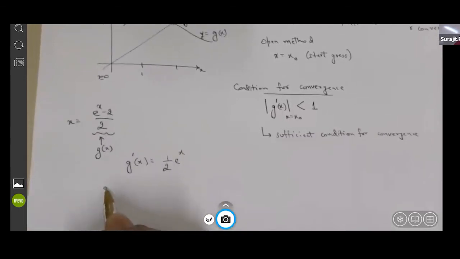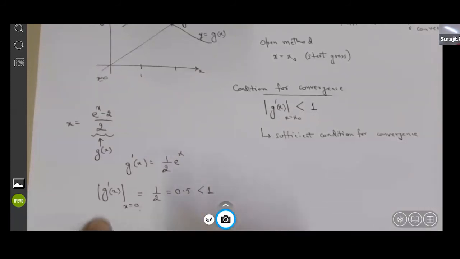Now, if I evaluate g prime of x at x equals 0, I get 1/2, which is 0.5, which is less than 1. So if I take x equals 0 as a starting guess, I can guarantee, not with 100%, but 99.999 whatever percent, that my sequence will converge.